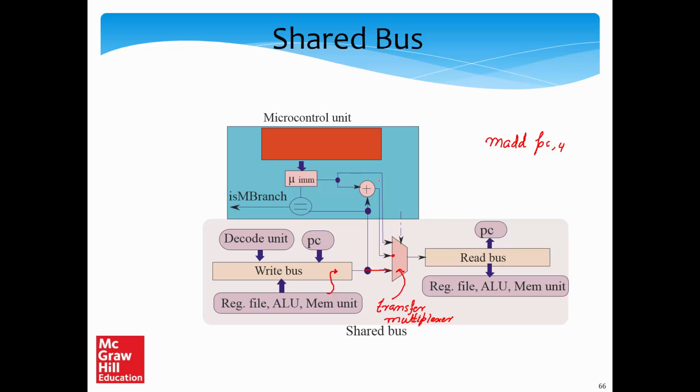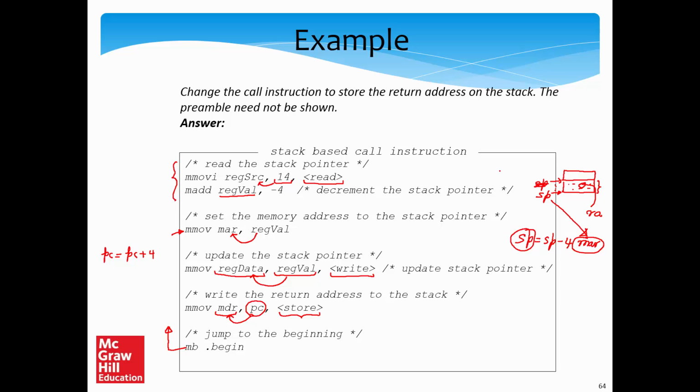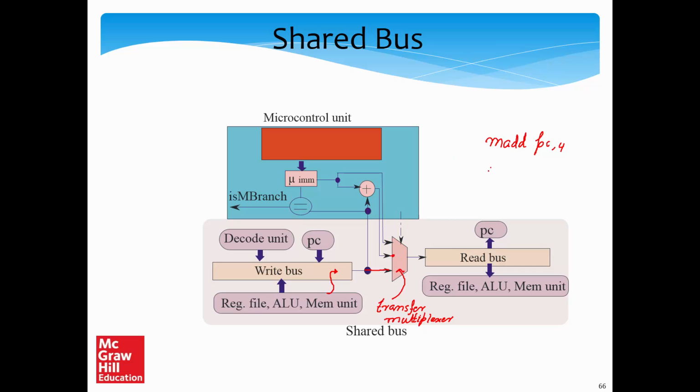The immediate itself can be an input to this transfer multiplexer. This will be in the case of mmovi, which we have actually seen. Where did we see it? Yeah, this is where we saw it: mmovi, reg source 14. So what mmovi is doing is, in this case, we take the micro register and we move a constant to it.